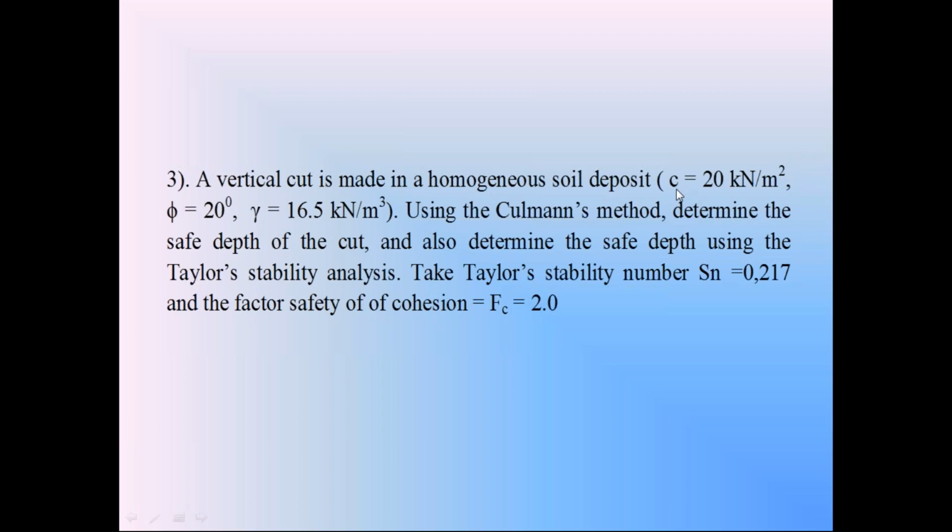Once you see this cohesion, you can understand automatically that the soil deposit is a clay deposit. Using Culmann's method, determine the safe depth of the cut. Safe depth means maximum height.